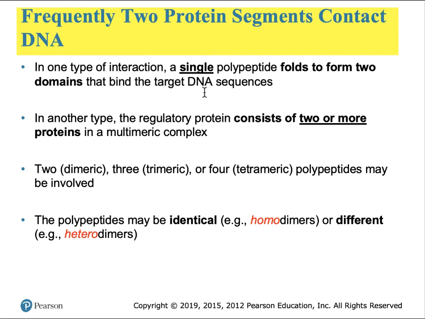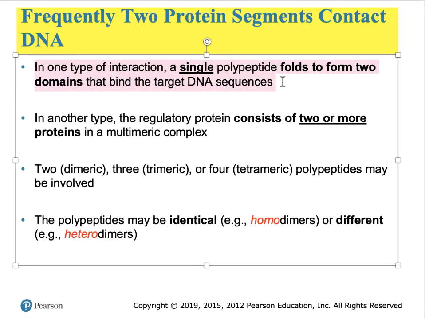The manner in which these proteins have achieved these abilities to make contact with the DNA does vary amongst the three types. In some cases, we have a single polypeptide that folds to form two domains that bind to the target DNA sequence. In another type, the regulatory protein consists of two or more proteins in a multimeric complex.